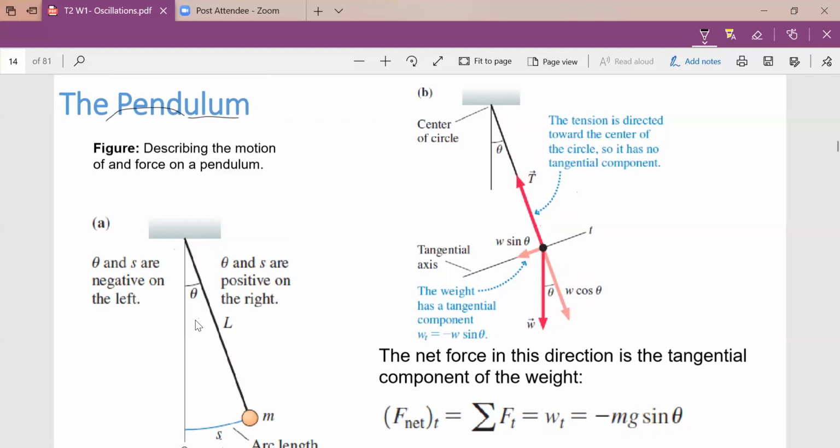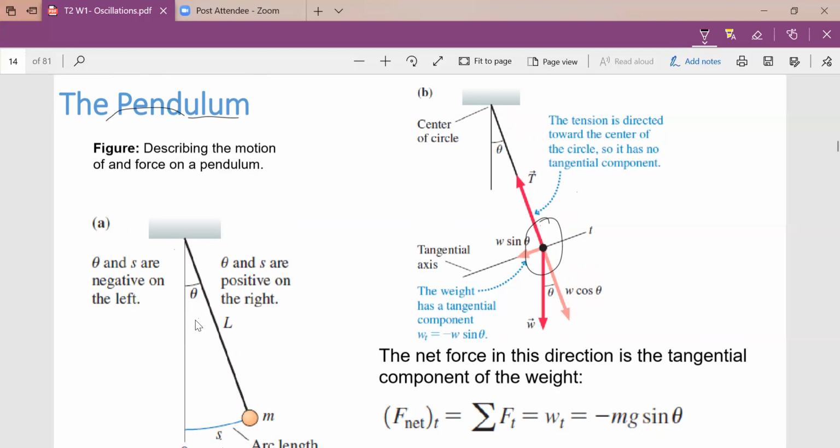So if we use the free body diagram to describe that motion in figure A, we see that the tension, remember the force of tension is always acting in the direction of the rope towards the center. So the tension does not have a tangential component because it's acting towards the center directly. But the force which is pointing down has a tangential component.